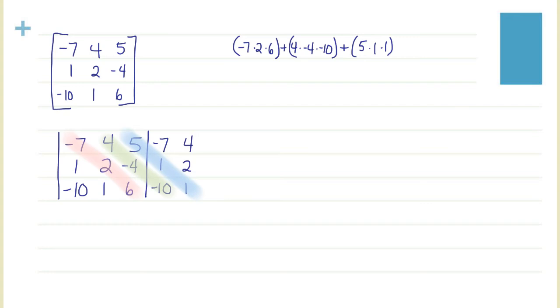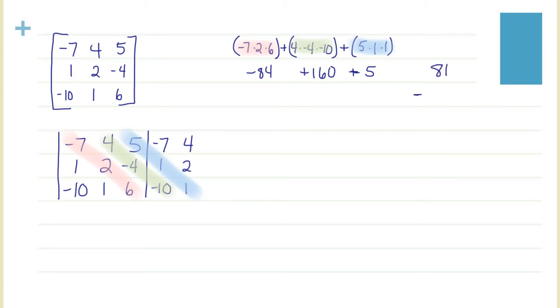So just to make sure we're good, that's the pink, that's the green, that's the blue, and when I do that, I get negative 84 plus 160 plus 5. And if I do that math, I get 76 plus 5, I get 81.